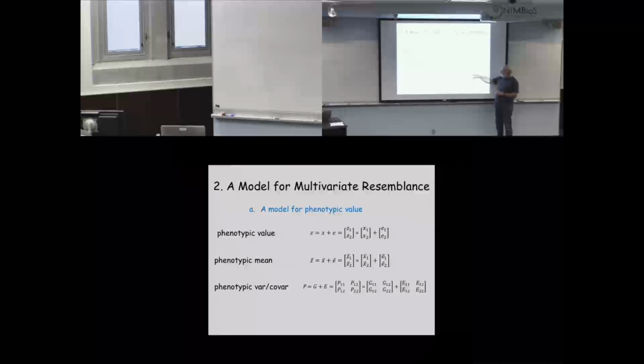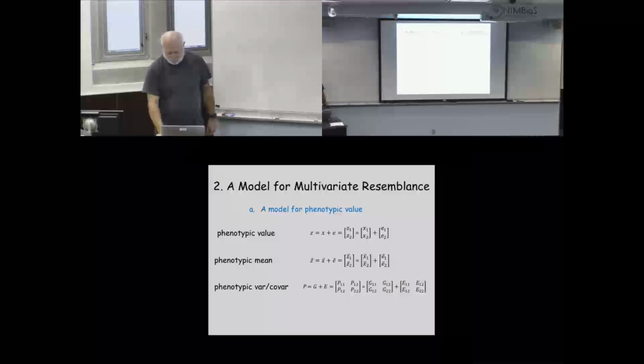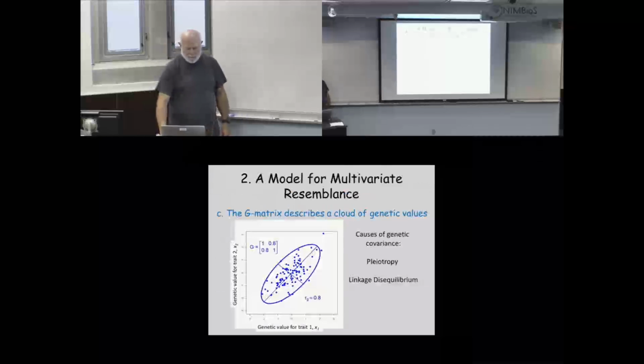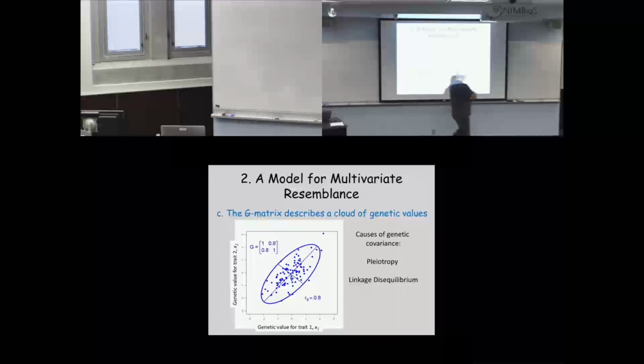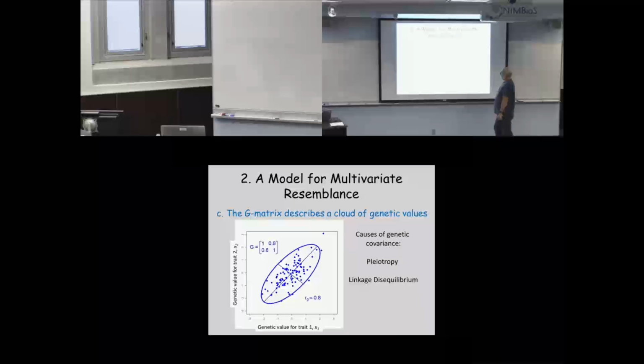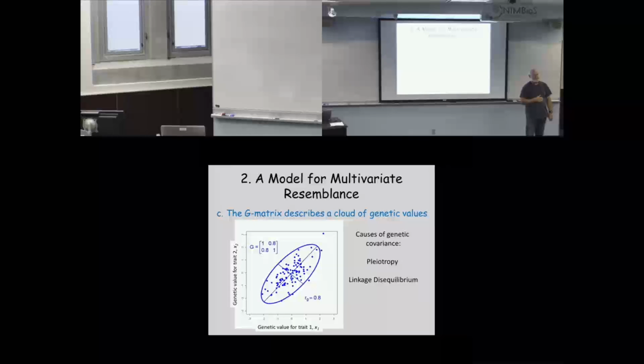Now, a little later, we'll talk about where this additive genetic covariance comes from. But right now, we're just going to take it as something we can estimate and have fun with. All right, there's another way of thinking about the G matrix, and I find it helpful to think about all of these different genetic and selection parameters in multiple ways. So I'm going to drive you a little bit crazy because I'm going to show you the same concepts from different points of view.